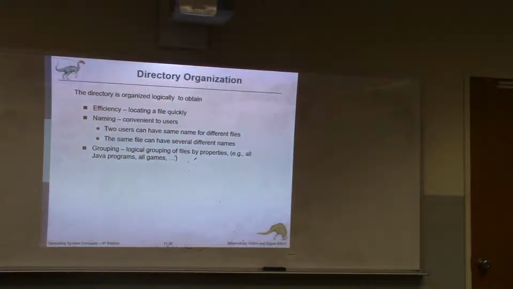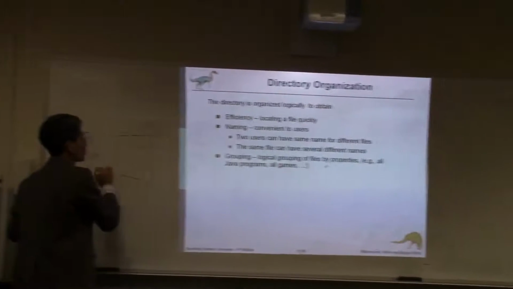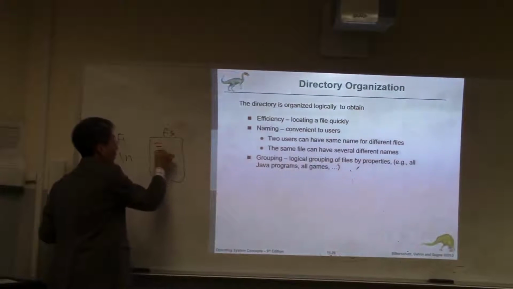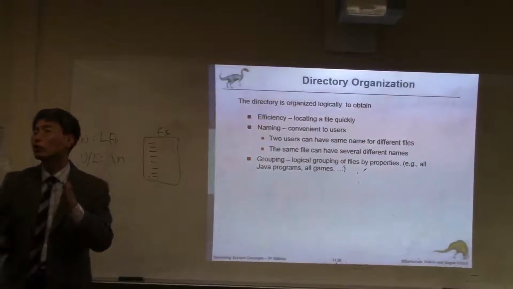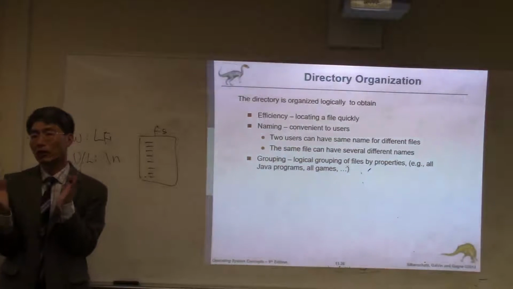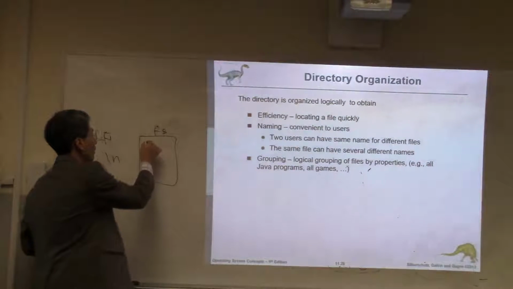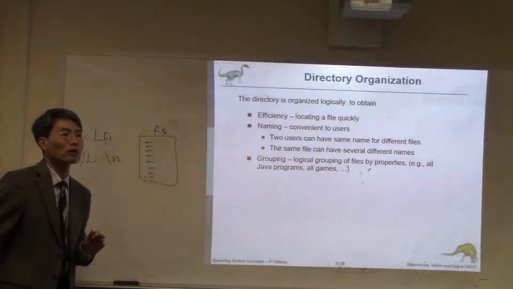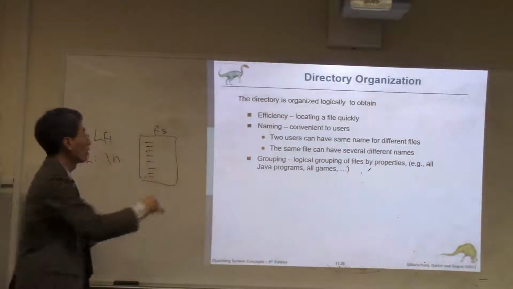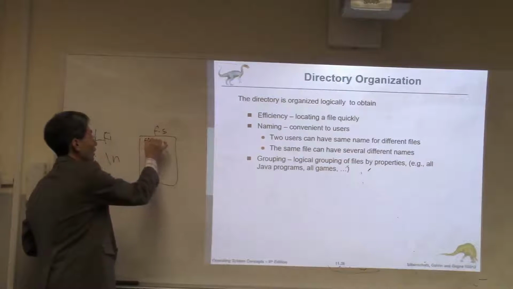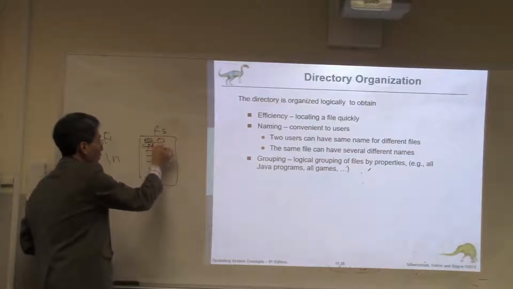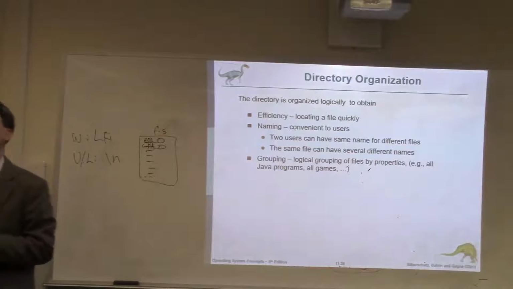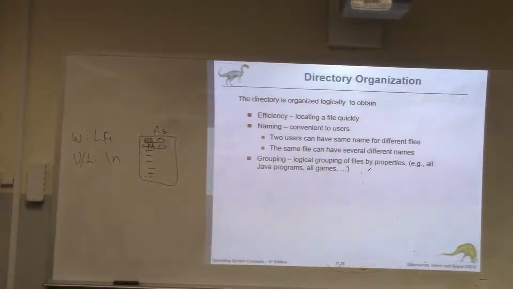And naming: if we do not have the directory structure in this file system, and we have a bunch of different files, all files should have different names, which means different identifiers. But, for example, he has a GPA file, and she has a GPA file. So we should have different names. It's not convenient. Can we address such a problem? That is the naming problem.